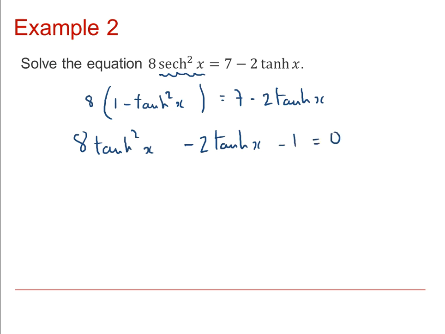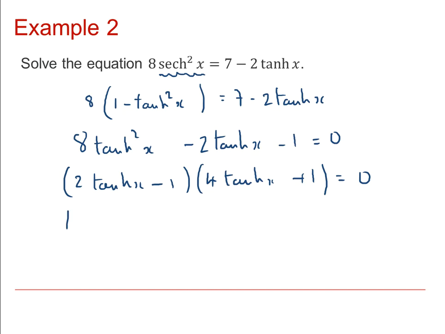Now you can either think of this as being 8u squared minus 2u minus 1 if you like, or you should be able to see that this factorizes directly with the brackets having 2 tanh x minus 1 in the first bracket, and 4 tanh x plus 1 in the second bracket.